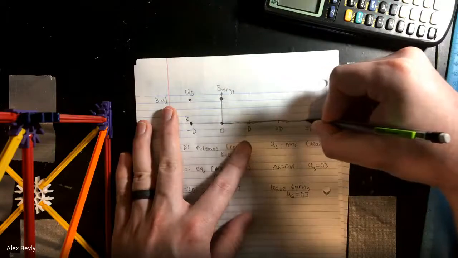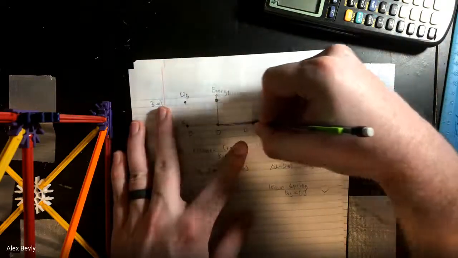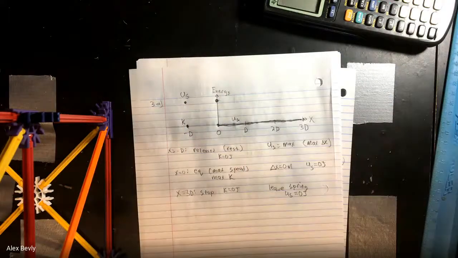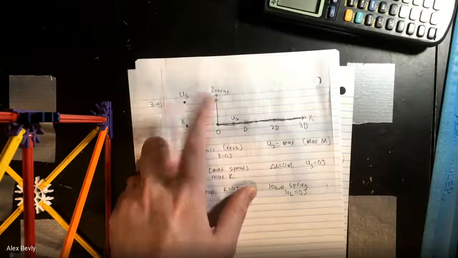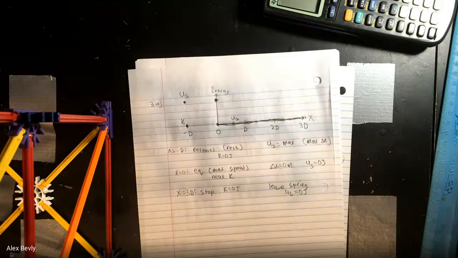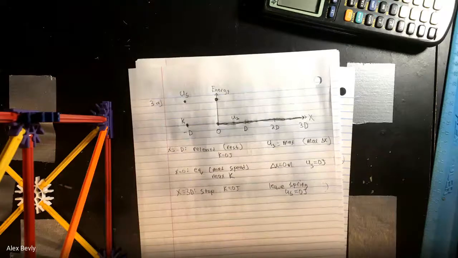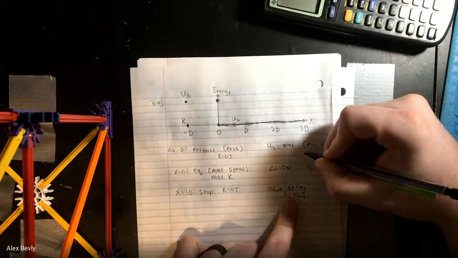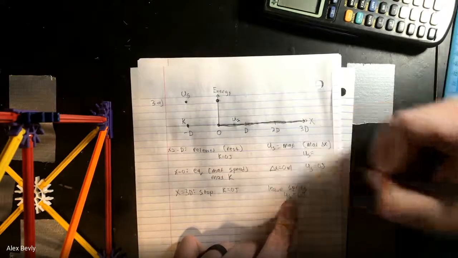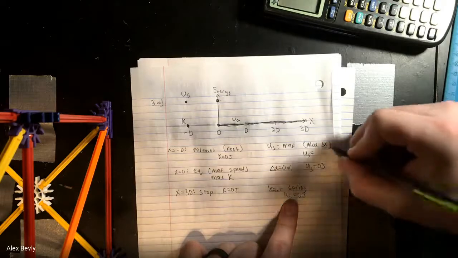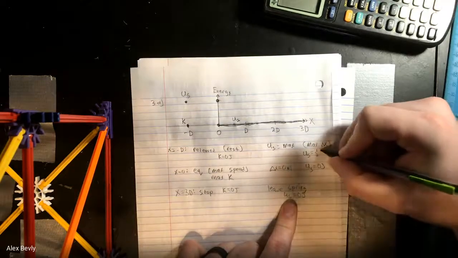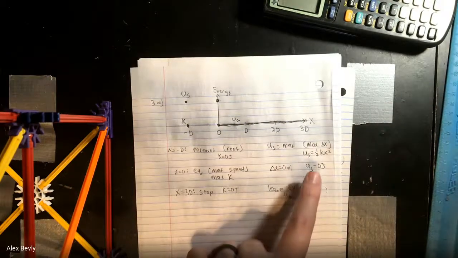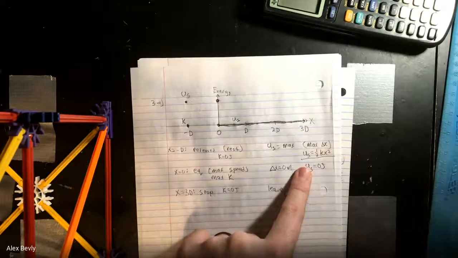Let's make sure we draw this in an obvious way. So our spring potential energy stays 0. Now, how do we get from here to here? What equation relates spring potential energy to position? Spring potential energy is 1/2 spring constant times position squared.